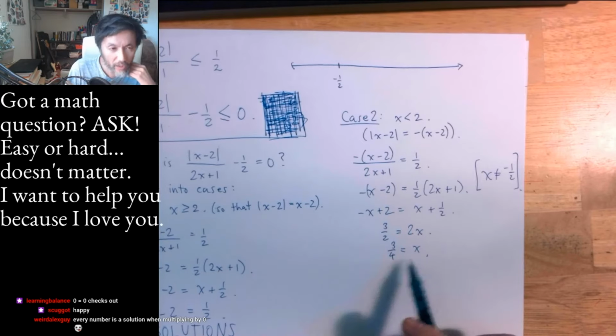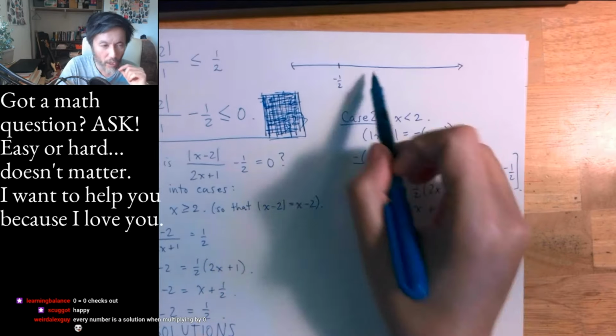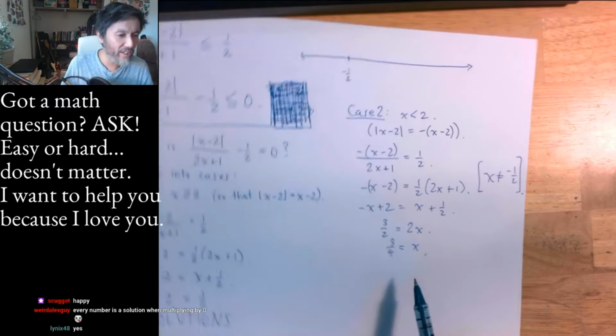Anyway, look at the solution that we did obtain, though. x equal to 3/4. Should we put it on our real number line or what? What do you think? Is this a possible place where the sign changes? Yeah, it is.